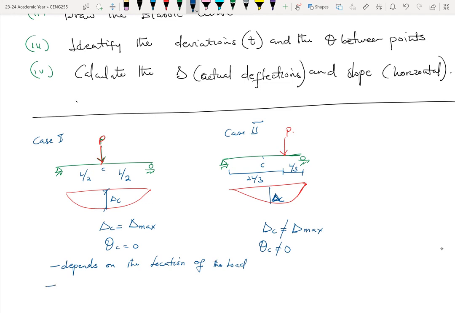It also depends on the flexural rigidity, which will be the E and I. Mostly it is the I, because the E usually is constant.